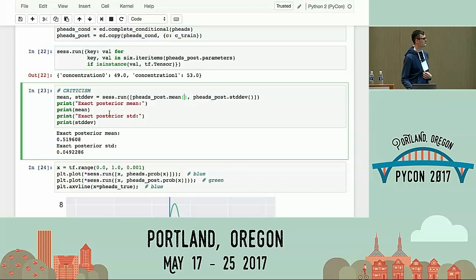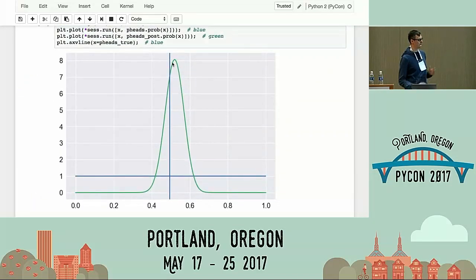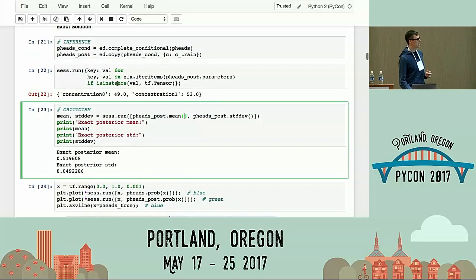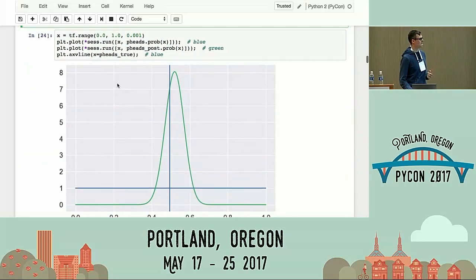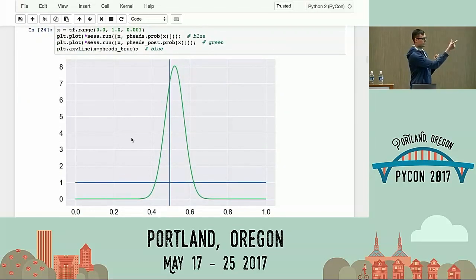And then we can do a bit of criticism. We can look at what our mean and variance are. The mean would just be the value that sits smack in the middle of this curve here, and it turns out this is 0.51, and it's a bit off. The true value was 0.49. And this value here expresses the variance, that means the width of this curve.